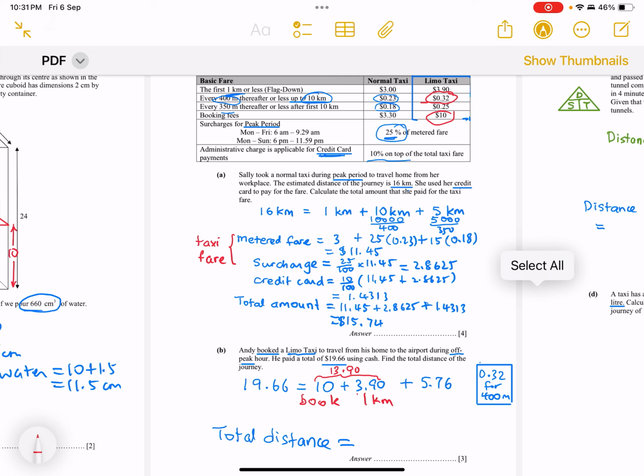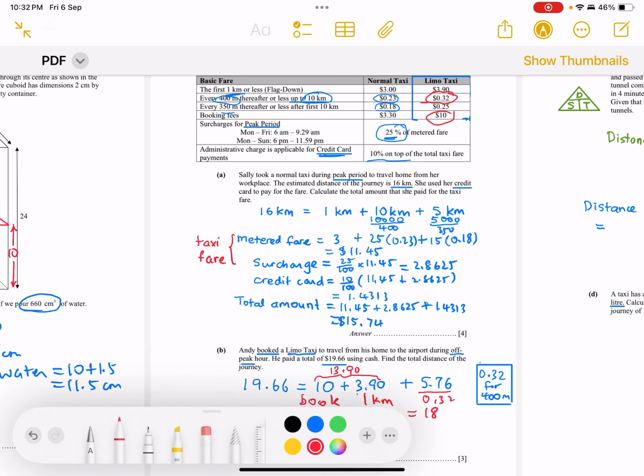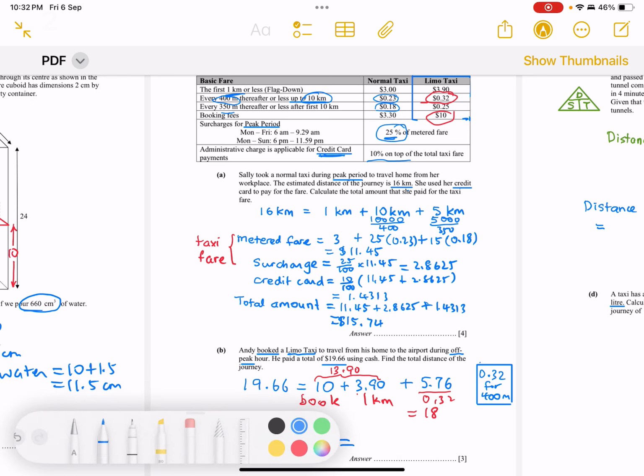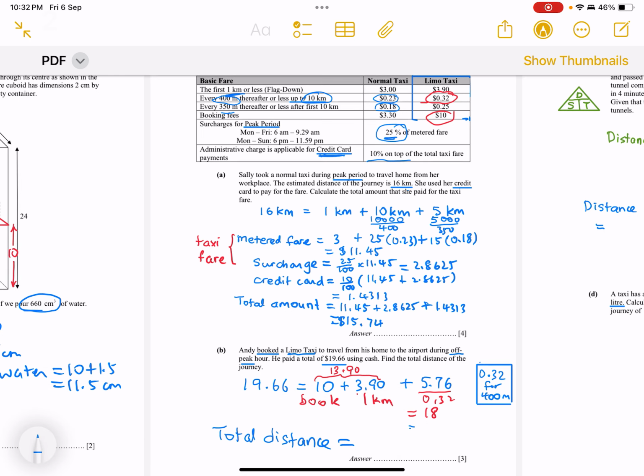So we want to see if we divide this by 32 cents, that gives us 18. That means there are 18 lots of 400. So the distance that he covered for this sum of money is actually 18 times the distance.